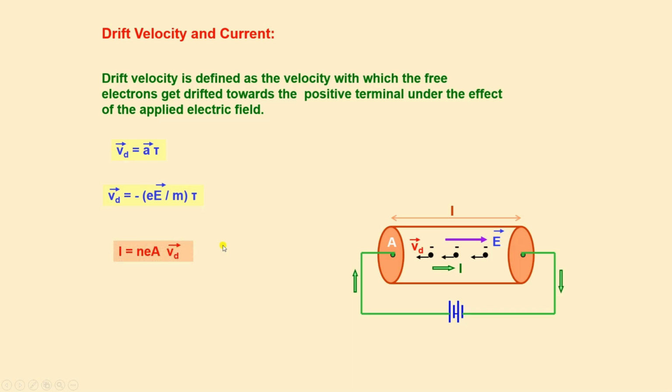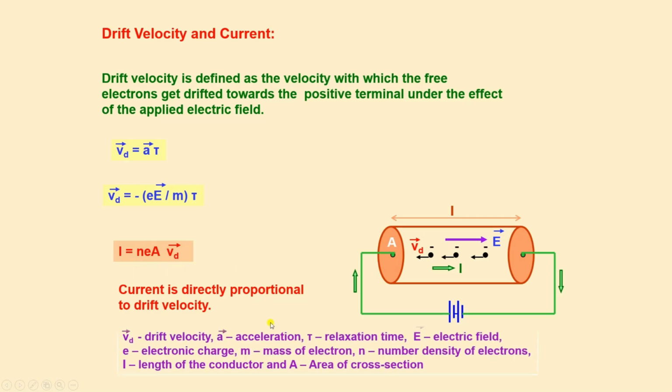And the relation between the current and the drift velocity is I equal to nAeVd. Current is directly proportional to the drift velocity, since the number of electrons per unit volume remains constant, charge remains constant, and area of cross section remains constant. Then current I is directly proportional to the drift velocity.